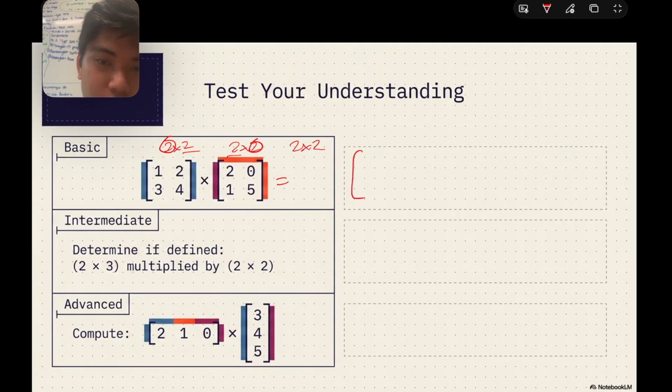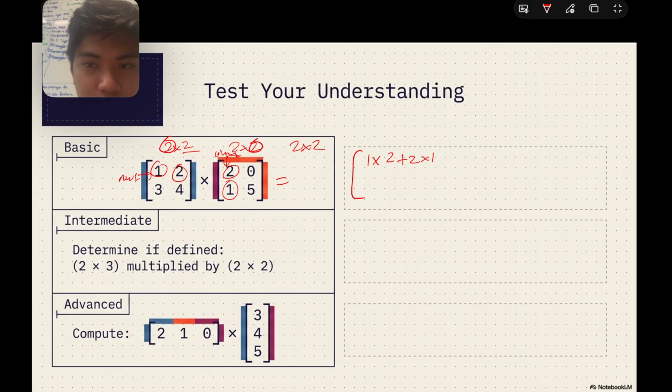So let's do that. That's going to give me 1 by 2. I'm doing row 1 first and column 1, so that's 1 by 2, and then second component multiplied by the second component, so 2 times 1 there.